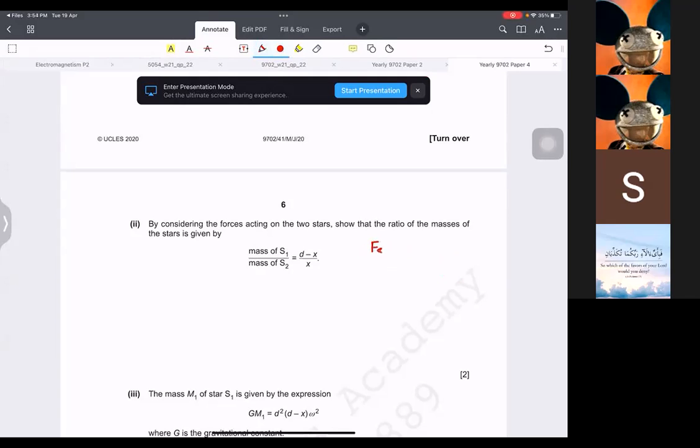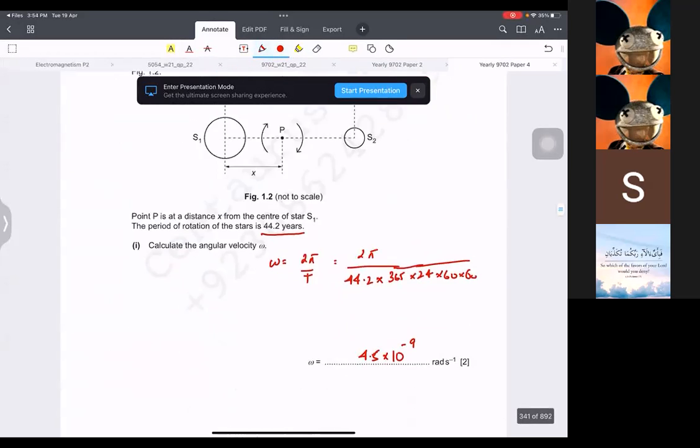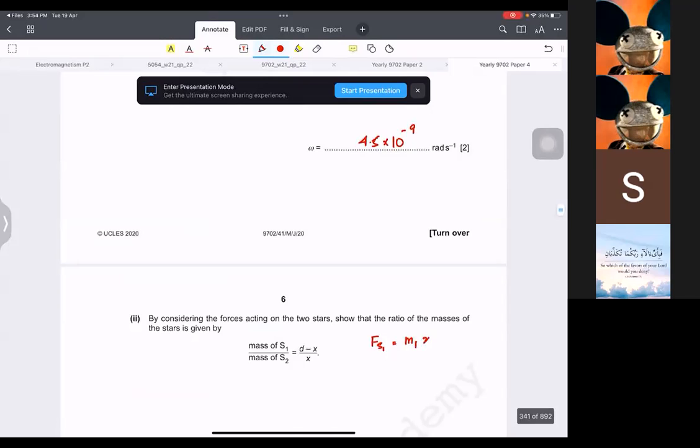To prove it, force on S1 would be M1 times X, since S1's distance was X, times omega squared, like this.